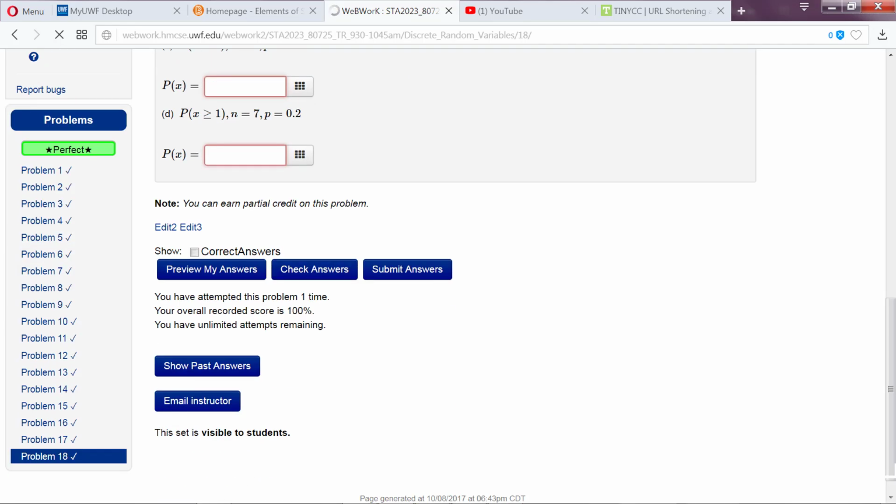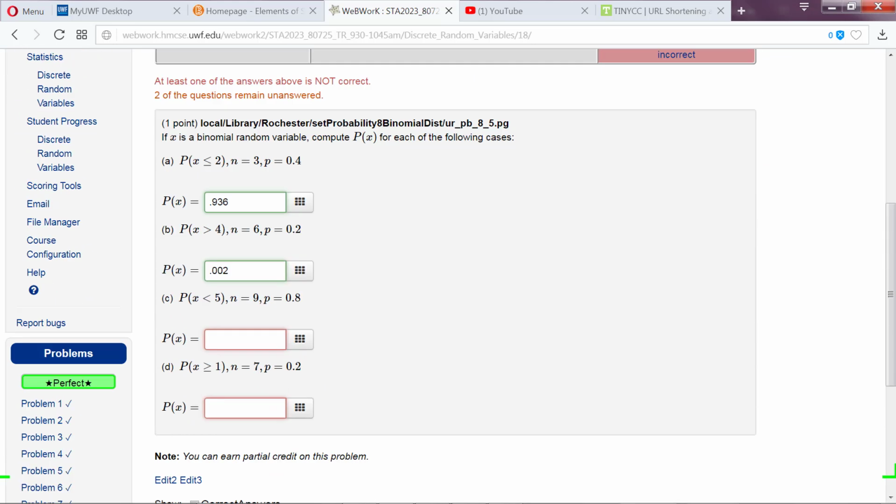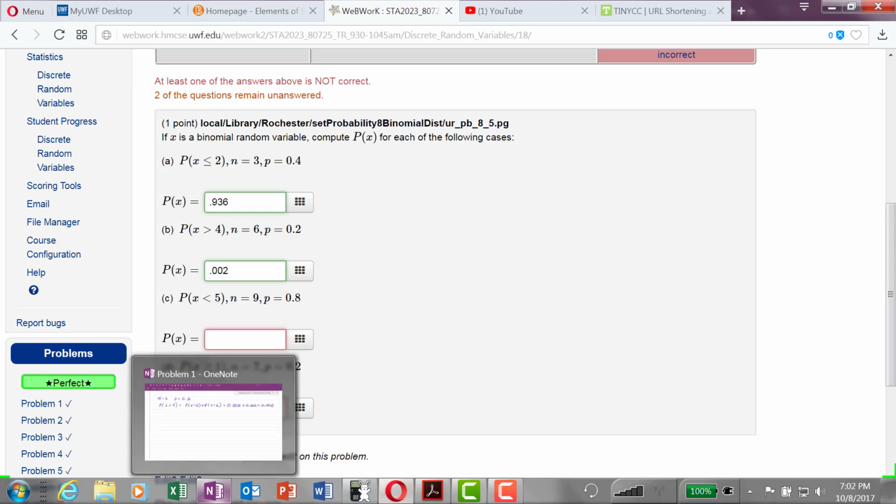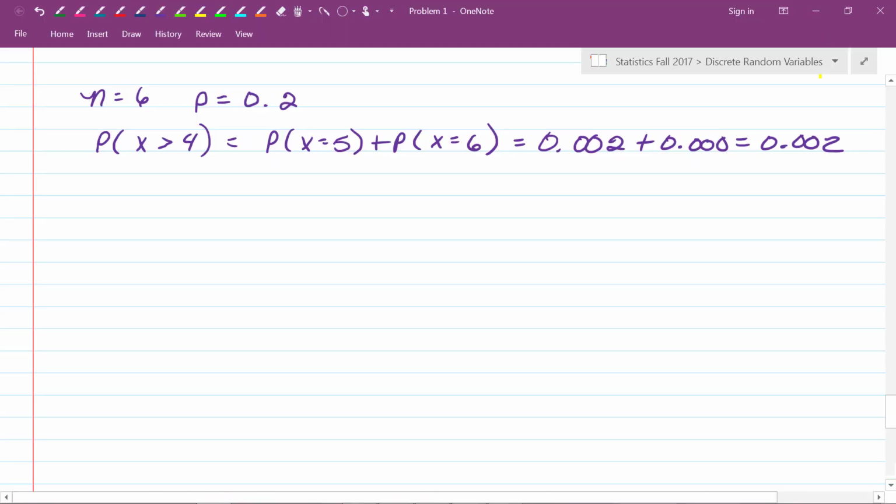Now it says, what about if the probability that x is less than 5 when n equals 9 and the probability is equal to 0.8? So x is less than 5, n is 9, and then we have 0.8. So n is equal to 9, p is equal to 0.8, and we're looking for the probability that x is less than, my memory was short, sorry guys, 5.